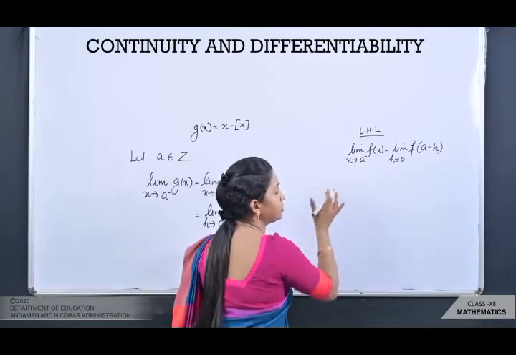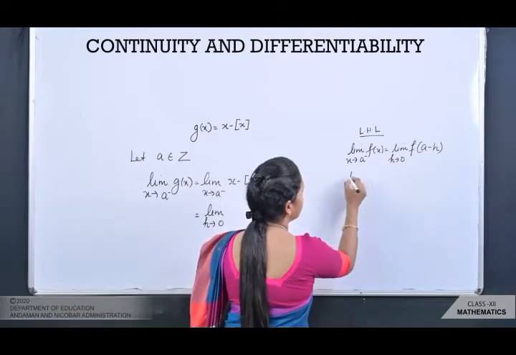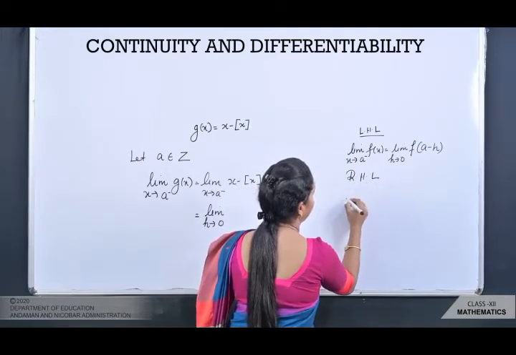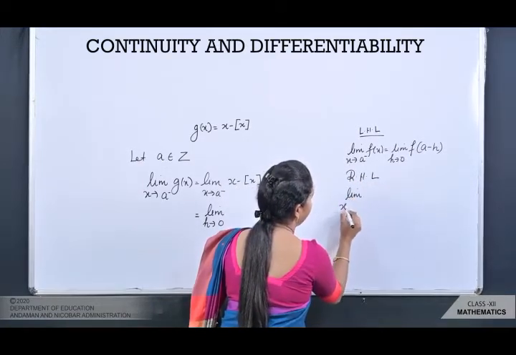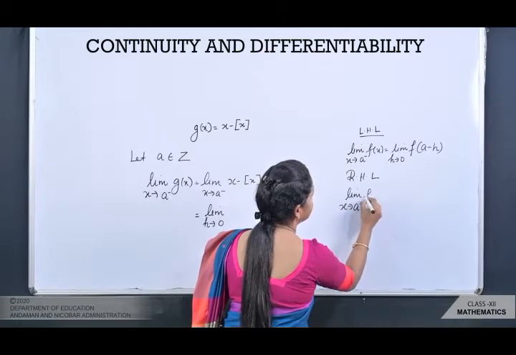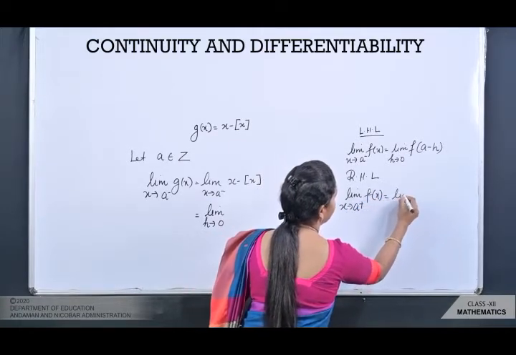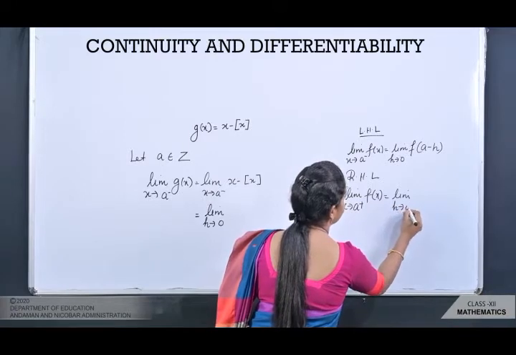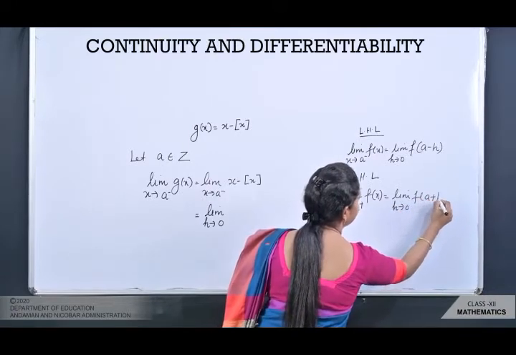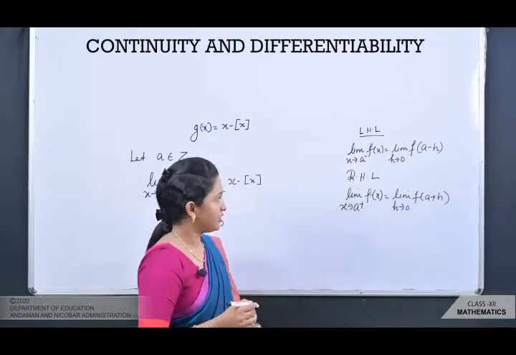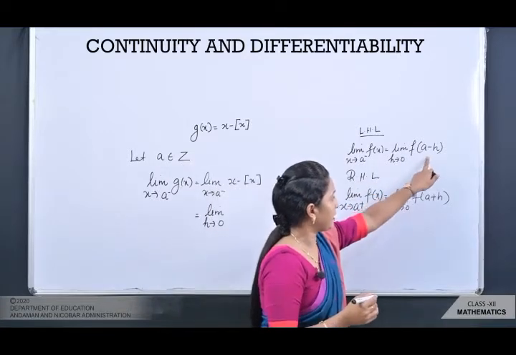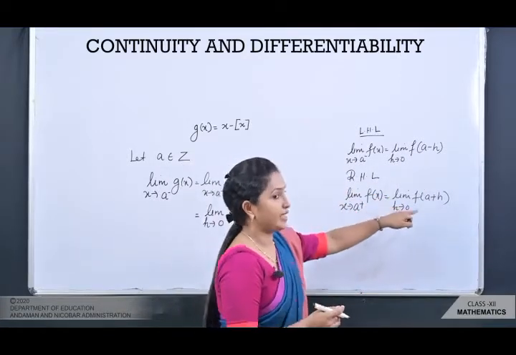For the right hand limit, the limit as x tends to a plus of f of x is equal to the limit as h tends to 0 of f of a plus h. For the left hand limit a minus h, for the right hand limit a plus h.